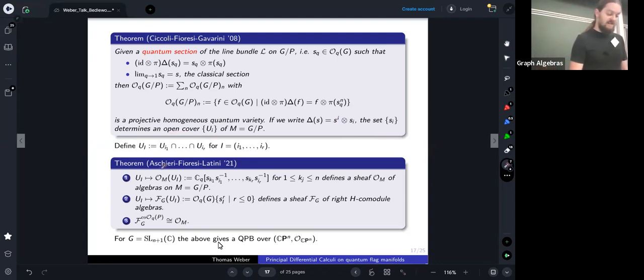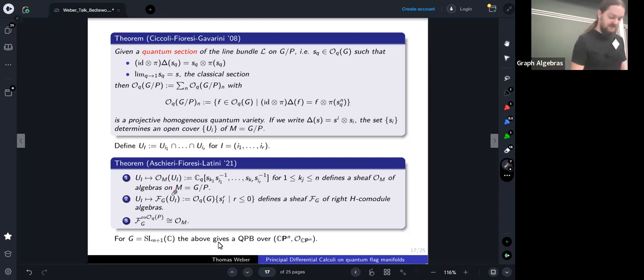Now take the finite intersections of those open covers, and this we call U_I, where I is now a multi-index. What has been shown is that using this open cover, you can build sheaves on the quotient space and on O_q(G). And I'm almost out of time.